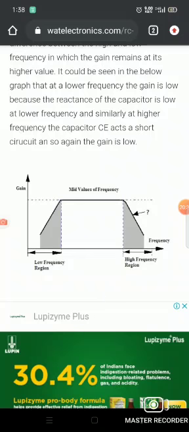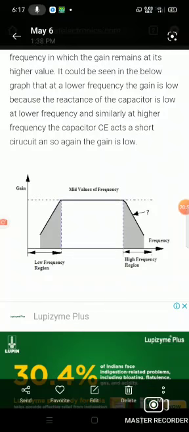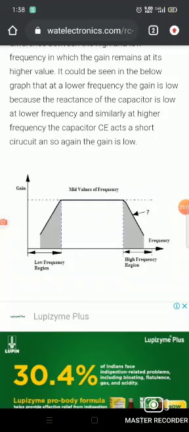So we substitute the bandwidth frequency in that equation and get some value. So that is the quality factor of the amplifier, amplifying signals between the input and output.